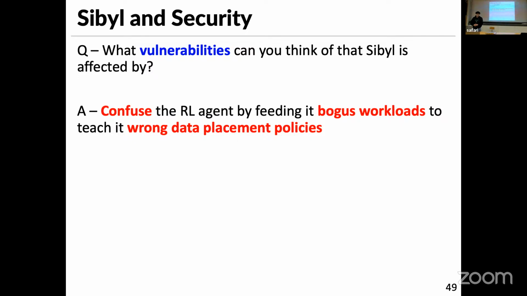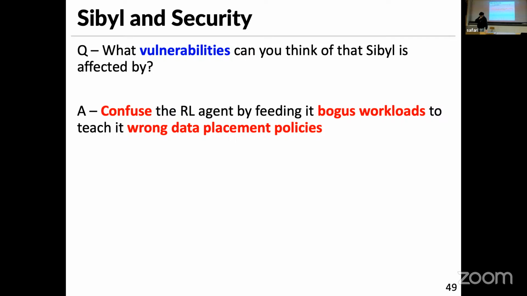And since RL is just going to do something completely wrong, you might even do specific patterns which will teach it to only use the slow storage device, in which case you could have an even bigger performance impact, or also reduce the lifetime of storage devices if you use only one single device. So there are things in this direction you could do.